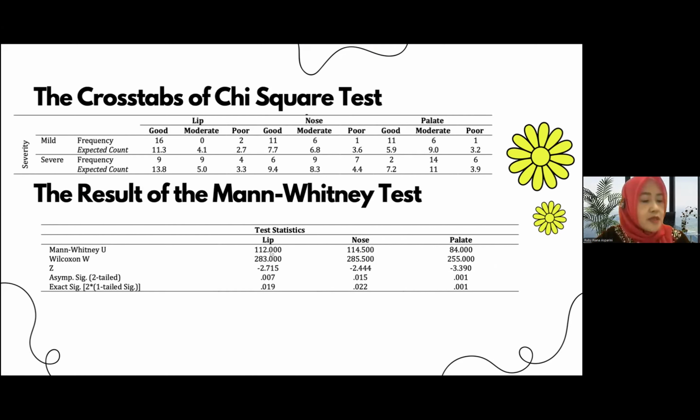The Mann-Whitney test revealed significance less than 0.05 for each surgical outcome, indicating a notable association between the severity of unilateral cleft lip and palate and the result of surgical procedure.